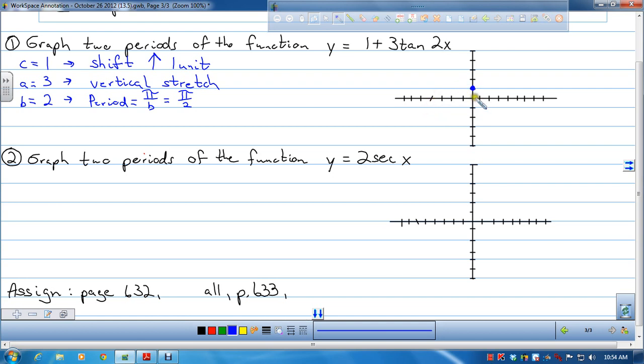At the quarter, I'm going to imagine that there are asymptotes right here at the second spot and over here. I had a vertical stretch of 3.